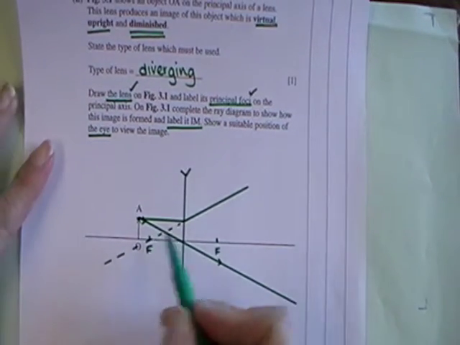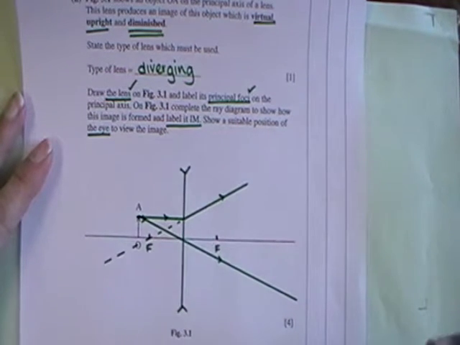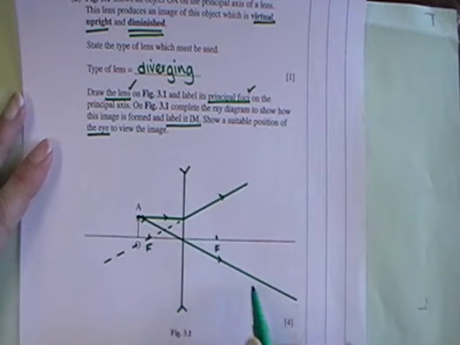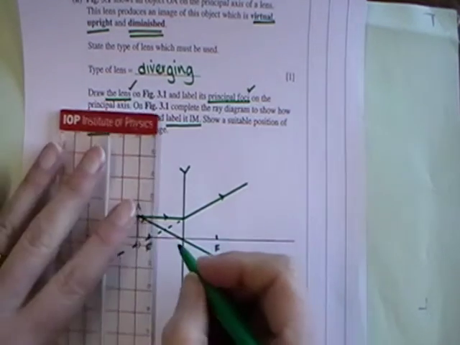And because that's virtual, we must use a dotted line for that. So put on our arrows on the ray before we forget. And the point where the virtual ray and the actual ray meet is where your image is formed.